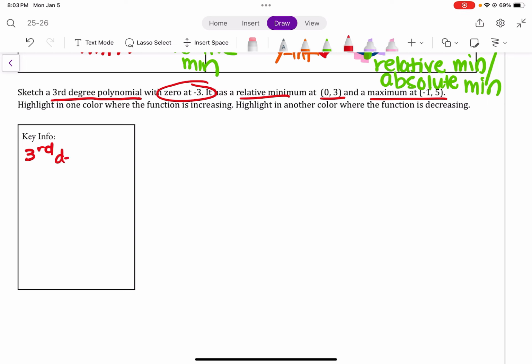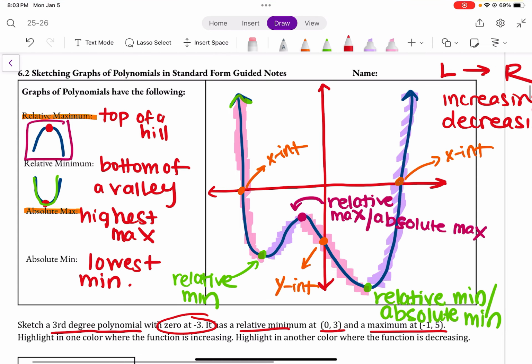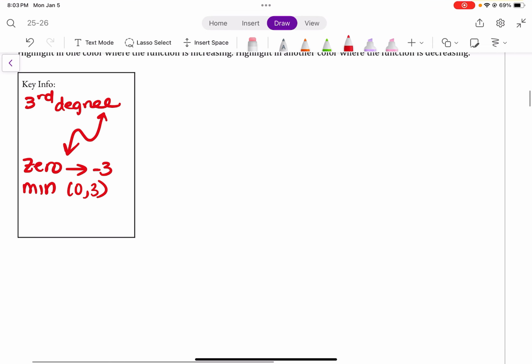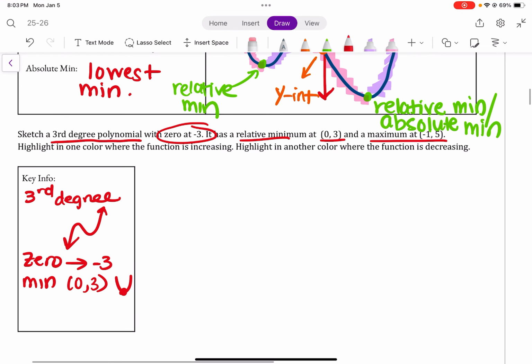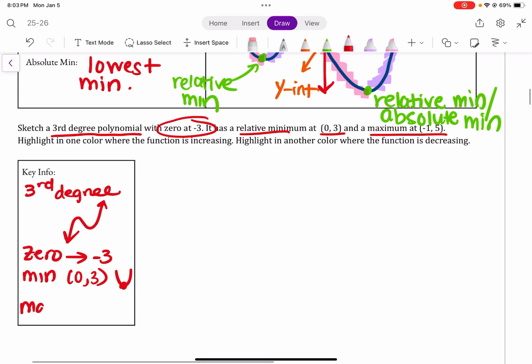We know it's third degree, which means it's going to have some sort of shape like this. We know there's a 0 at -3. We know there's a min at 0.3. If you remember, if we look back here to what a minimum looks like, it looks like this. And then we have a max at -1.5. And if you remember, a maximum looks like this.